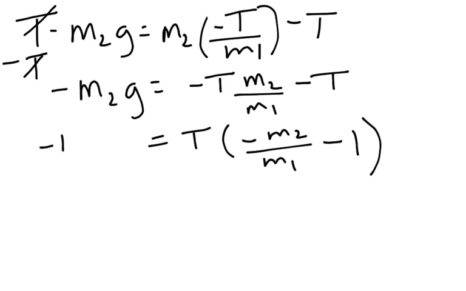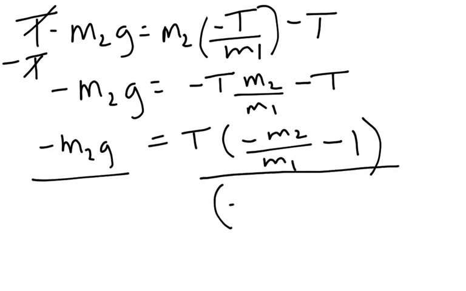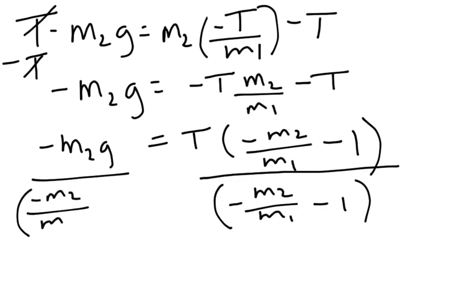The left side is negative m sub 2g. Then I'll go ahead and divide both sides by this quantity, negative m sub 2 over m sub 1 minus 1. And now I have an expression for tension.